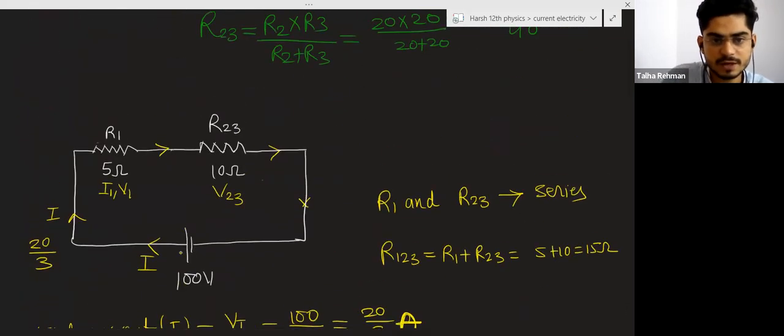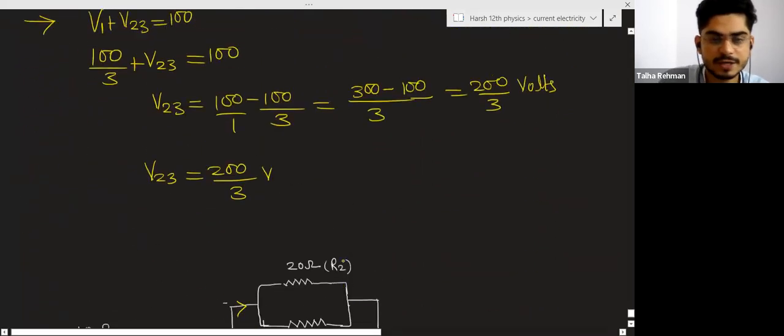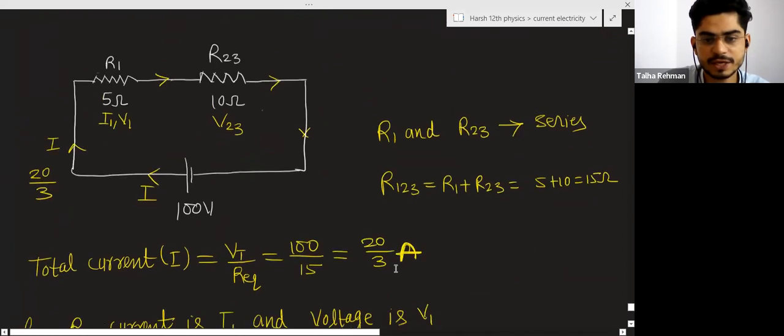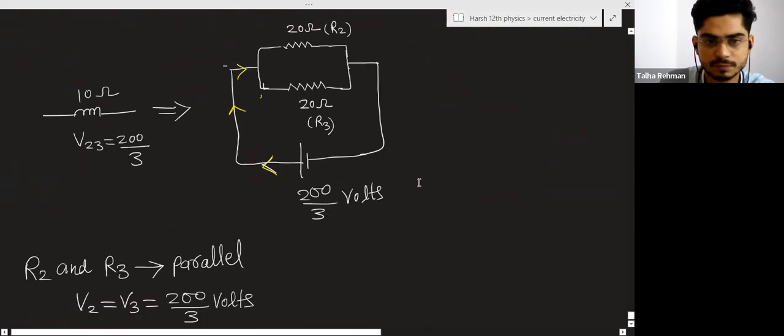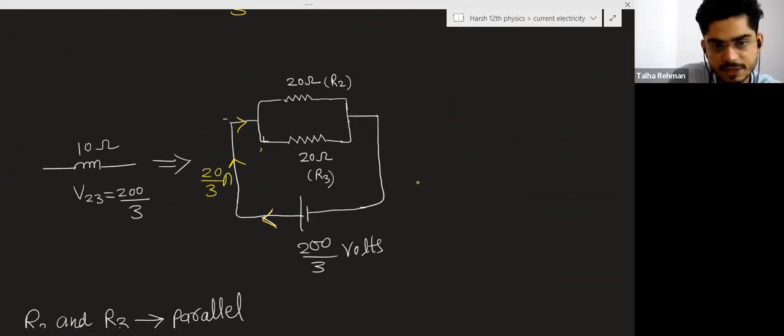See here, the current is going in this R23, means R23 is this circuit now, and in this circuit the current is going as 20 by 3 ampere. If you want to find I2, here the current I2 is going, here the current I1 is going.